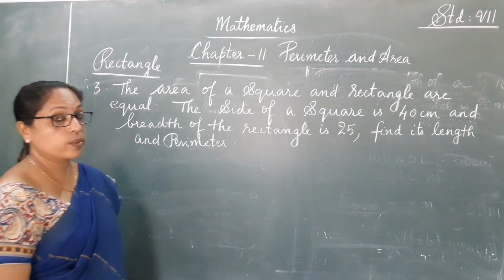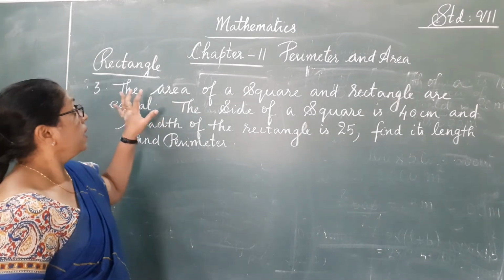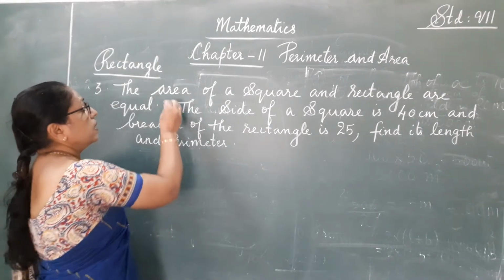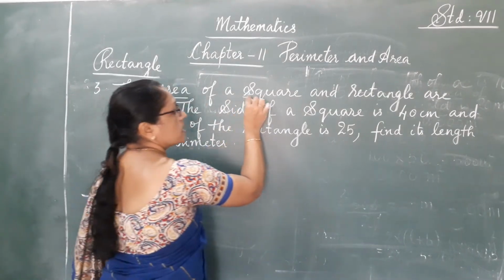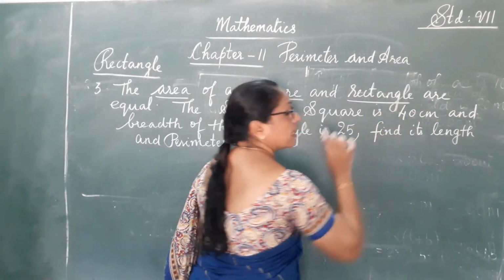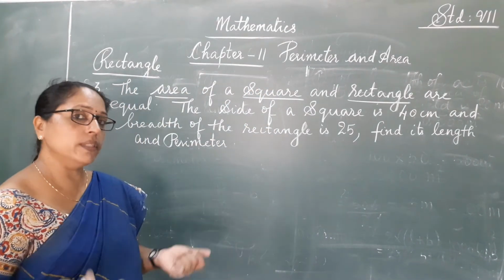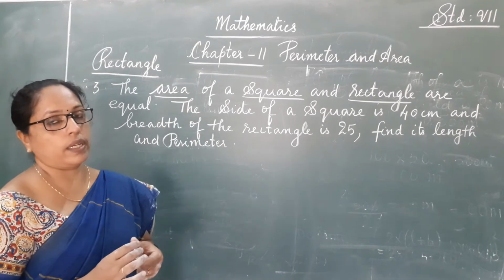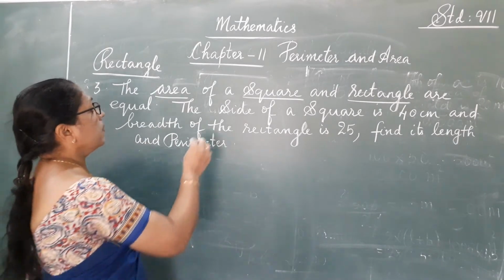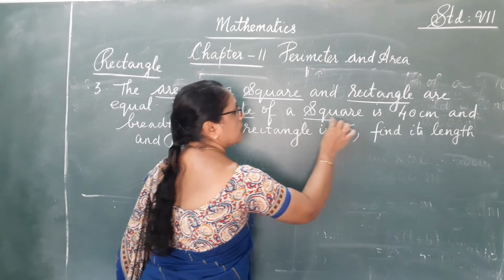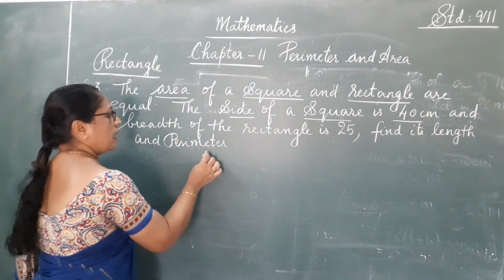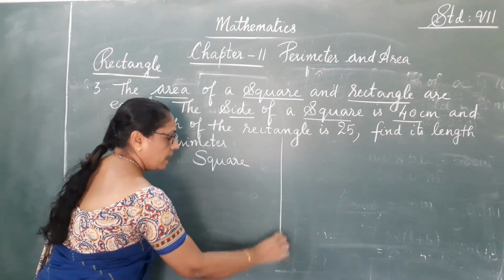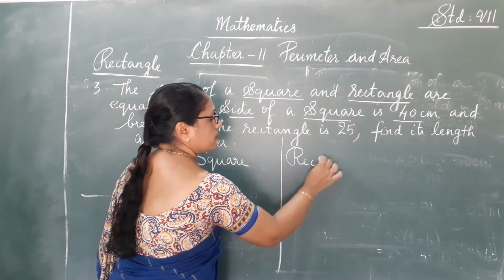Okay, read this question. It's very important. Read well. It's about both figures, square and rectangle. What is given? The area of a square and rectangle are equal. That means when you know the area of the square, the same area will be the rectangle's area. It's given the side of the square is 40. One is a square, another is a rectangle.